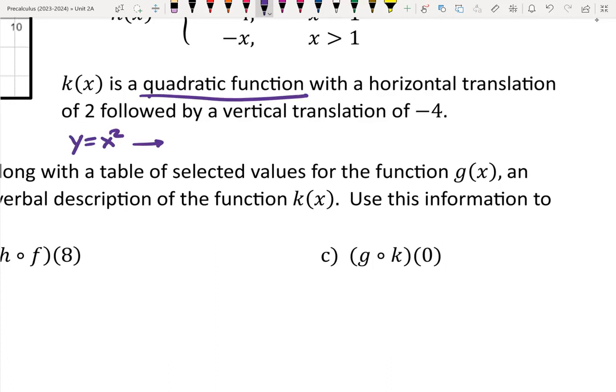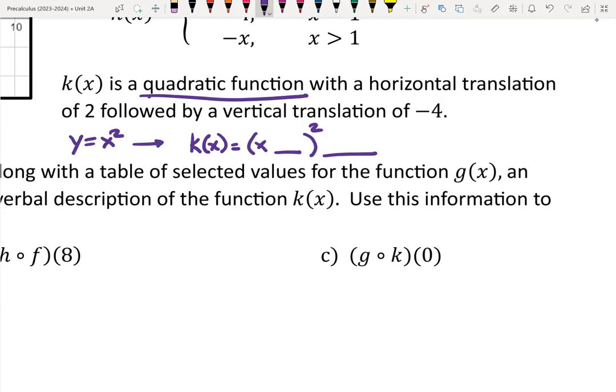We want to rewrite this with the transformations that are shown. So what 2 transformations does it tell us here? A horizontal translation, and what else? All right, so we're going to have a horizontal translation and a vertical translation, and that will represent our k of x.